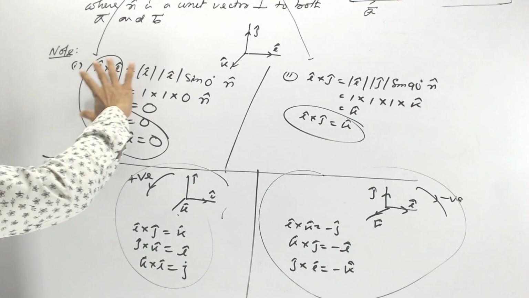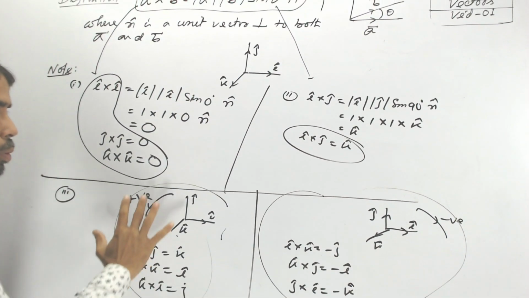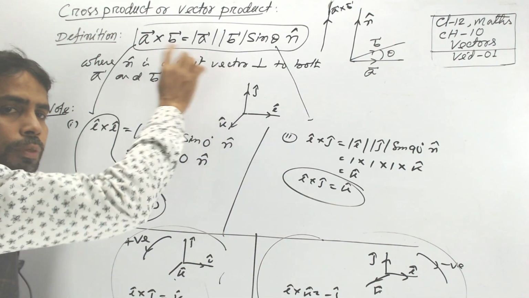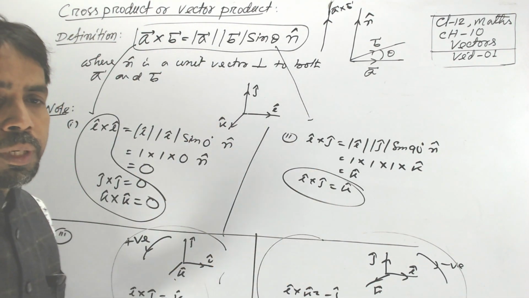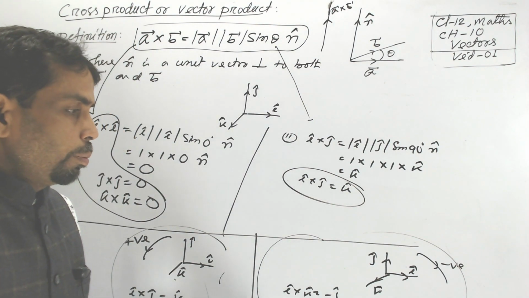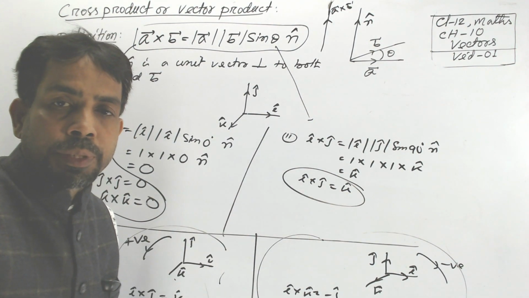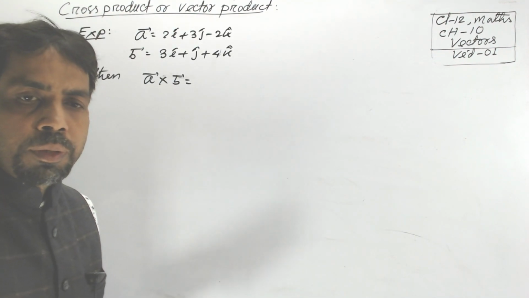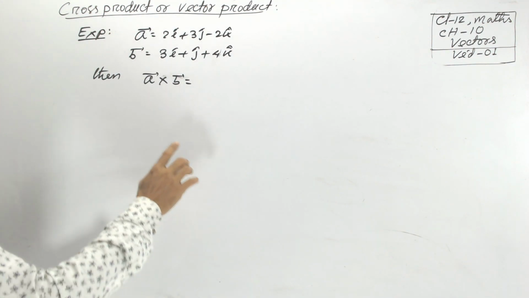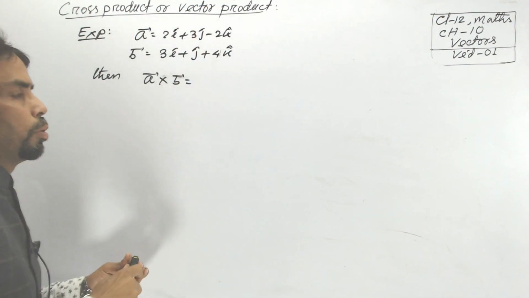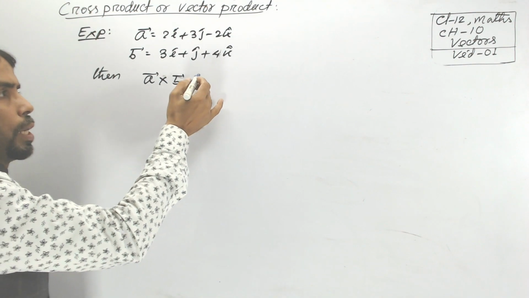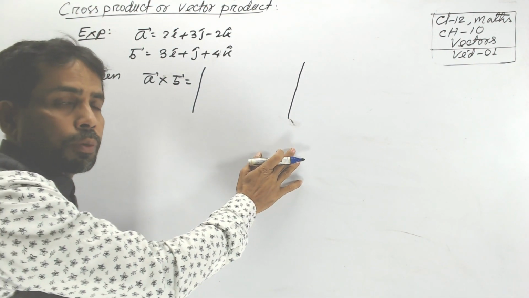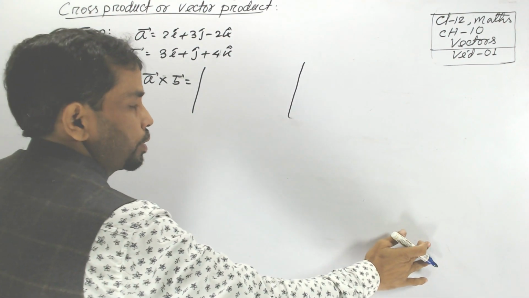Now, all these concepts come only from the definition of A cross B. Using all these concepts, the cross product is found by an arrangement which is the determinant. I am giving an example. We draw vertical lines, and in between, the determinant which we did in chapter 4, class 12 maths.